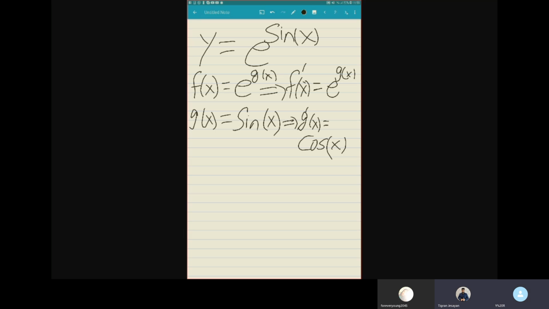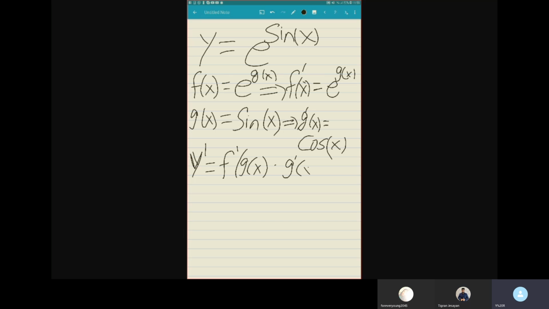So next, let's write down the chain rule equation, the general equation: y bar is f bar of g(x) times g bar x.